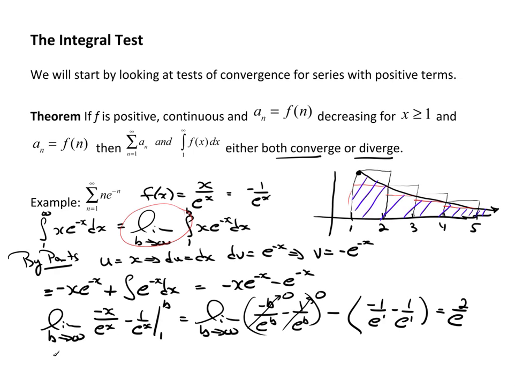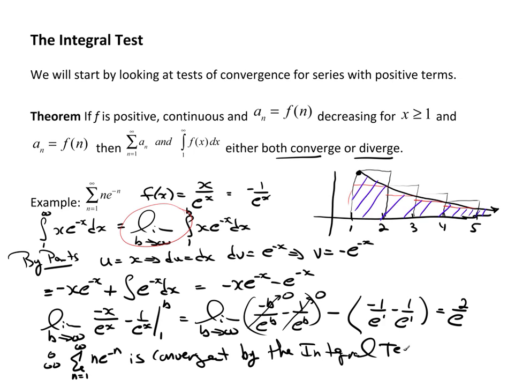Hence, I can say, therefore, this sum, n equals 1 to infinity of n e to the negative n, is convergent by the integral test. I don't know what it converges to. I'm just quite certain that it does, in fact, converge. Now, if this turned out to be infinite, then I'd come back and say it's divergent by the integral test, because they both either converge or diverge together.